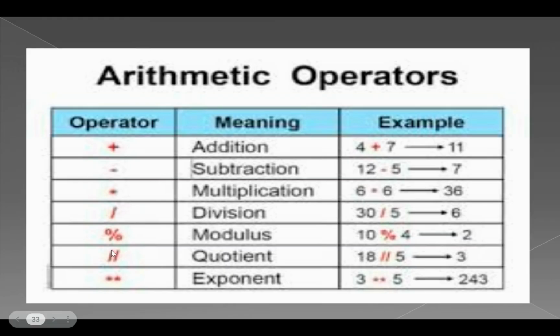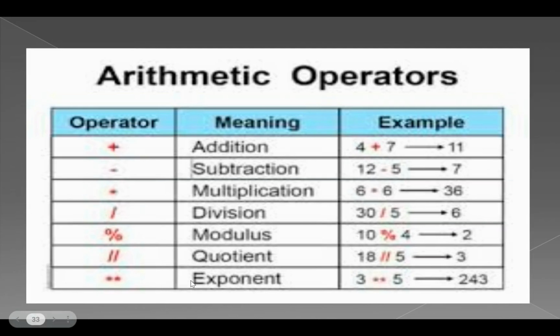Modulus basically shows the remainder. So if we write 10 modulus 4, that means 10 will be divided by 4, and whatever the remainder is, which is 2, we will get the output as 2. So if you use this percent sign, it will not give you the percent or the division, it will give you the remainder of the division, right?